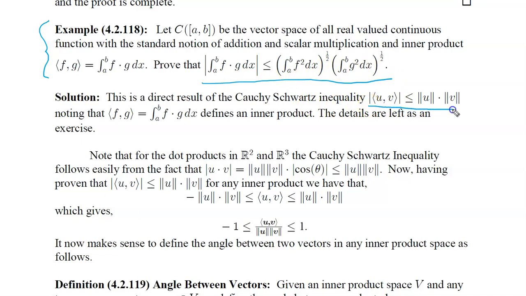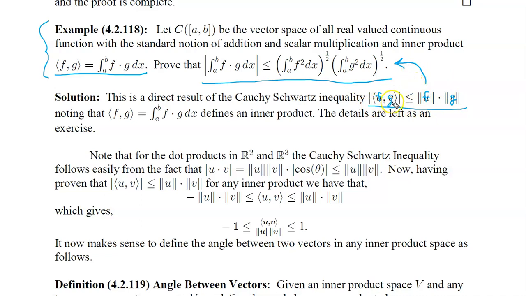Notice it looks a lot like this inequality right here. Well, that's exactly what it actually is, if we use this as the inner product for f with g. So notice that if we put an f here and a g here and an f here and a g here, this Cauchy-Schwarz inequality turns exactly into this inequality right here.